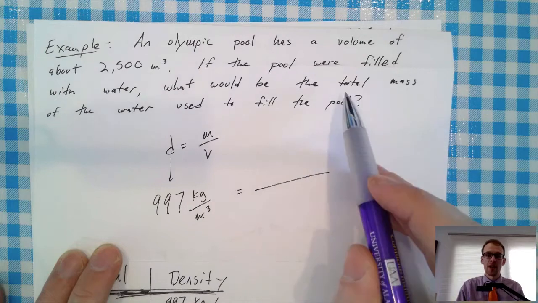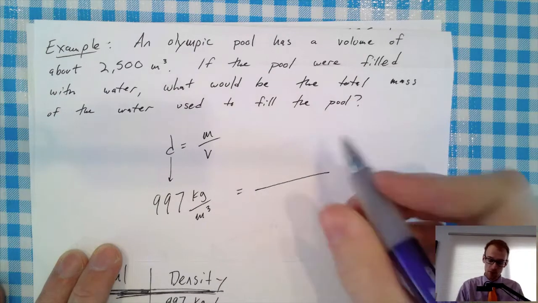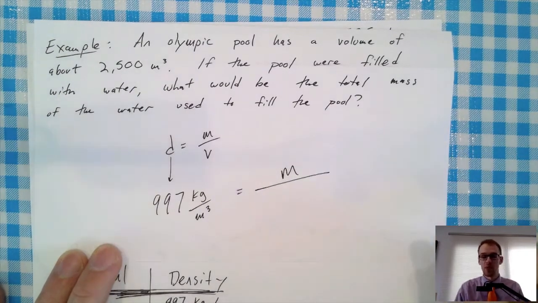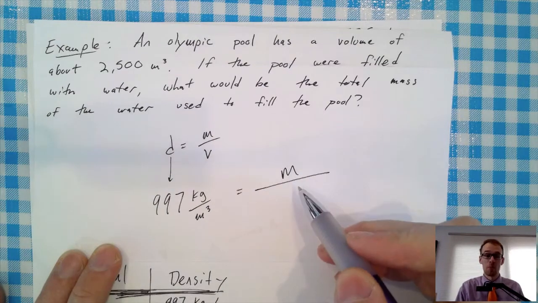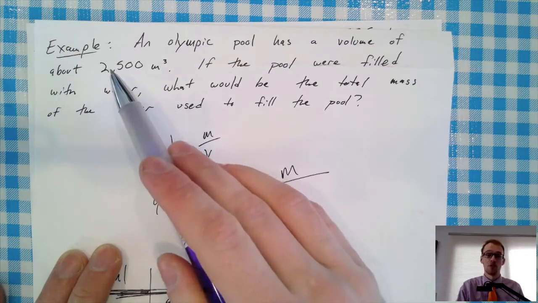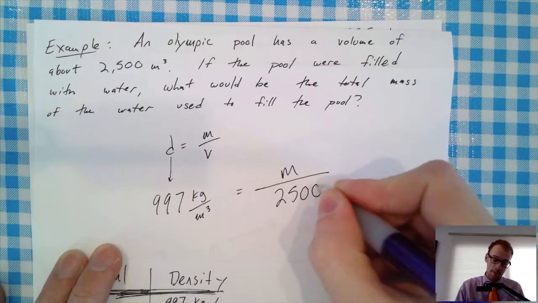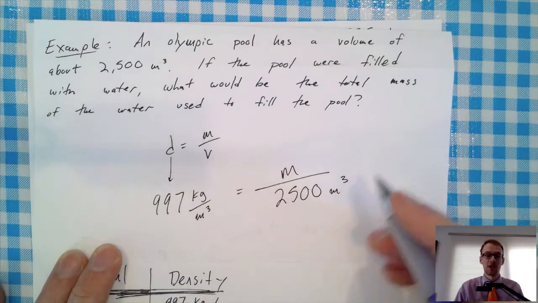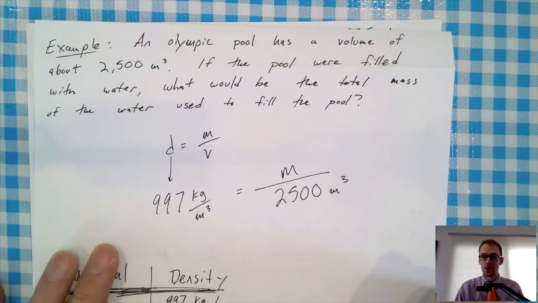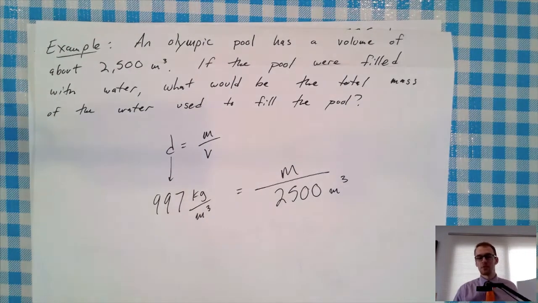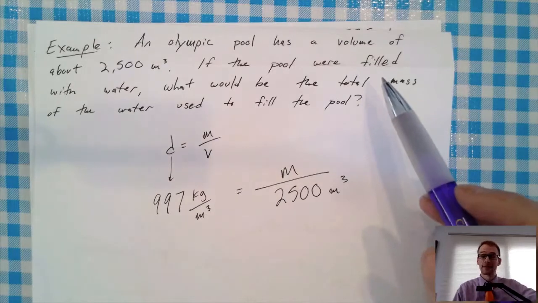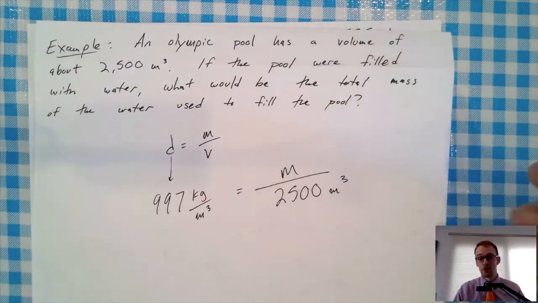We're trying to find the total mass. So let's leave that as a variable, m over v, my volume. Oh, I know my volume. That's the volume of the pool, 2,500 meters cubed. I'm putting units in here so that I keep track and make sure my answer is in proper units. My answer is for a mass, so my answer should be in some unit of mass.